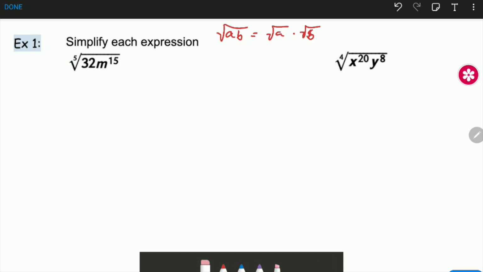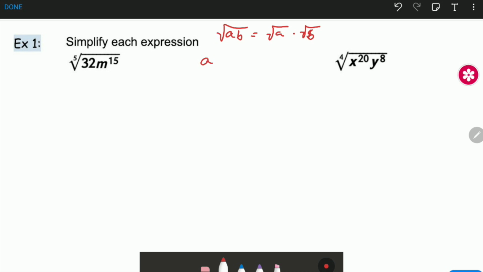Now with that in mind, we also have to check to see if m to the 15th is a perfect fifth power. If it's not, we have to break things down farther. Well, m to the 15th, if you remember how we dealt with variables in the previous lesson, we would rewrite it as a fractional exponent.